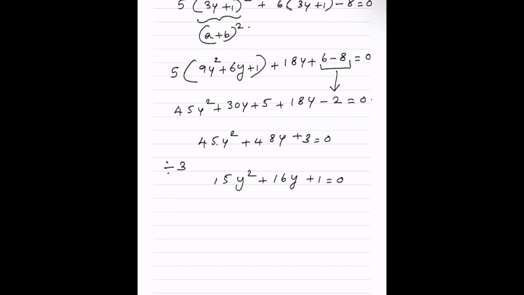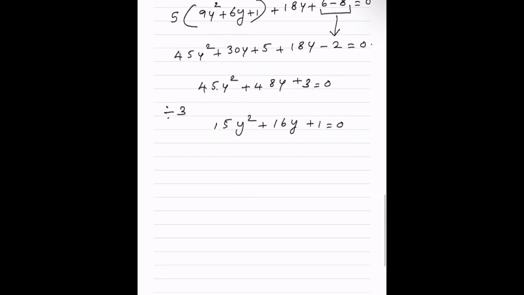This is what I am getting. By the way, they have asked to use the substitution x is equal to 3y plus 1 to solve for y. I am directly solving for y, and they don't want me to do that. They want me to use x is equal to 3y plus 1. Anyway, let's complete this and then we will apply.